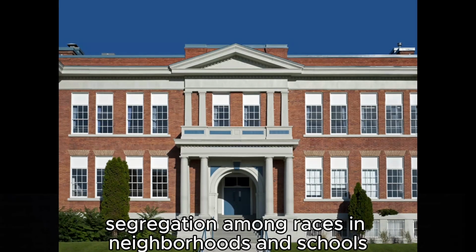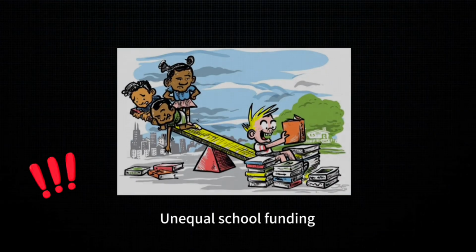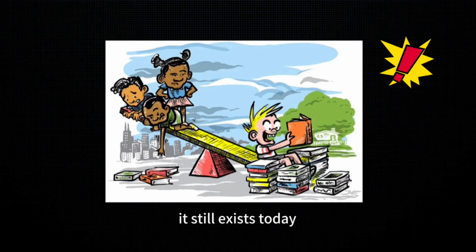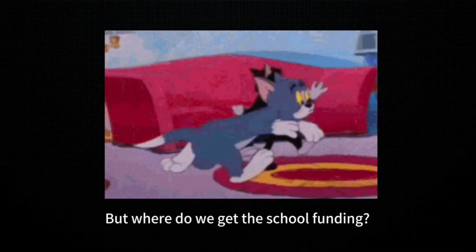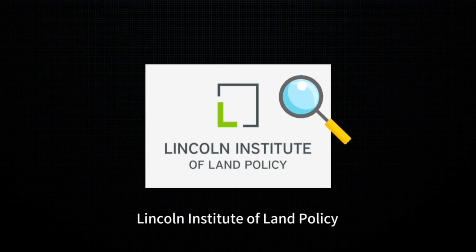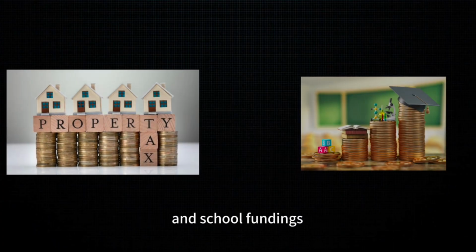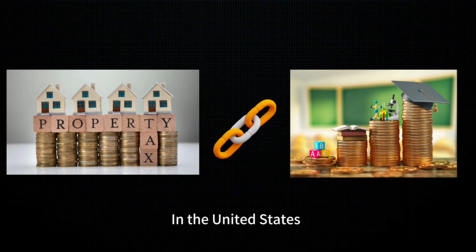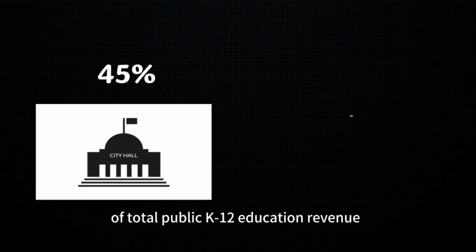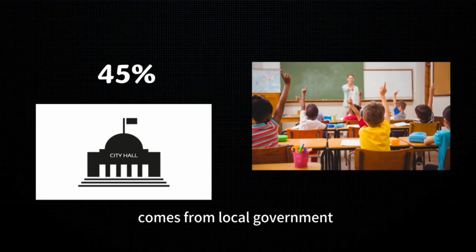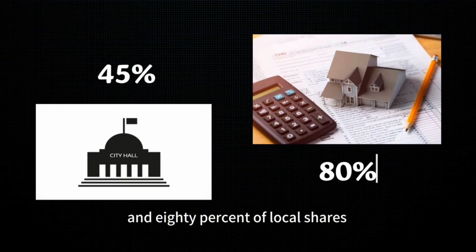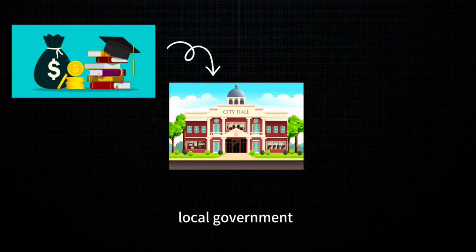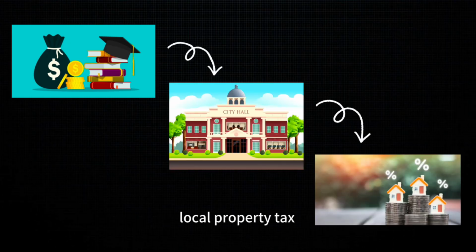Although this happened many years ago, today we are still experiencing segregation among races in neighborhoods and schools. Unequal school funding has always been a problem and it still exists today. But where do we get the school funding? According to the Lincoln Institute of Land Policy, property taxation and school funding are closely linked in the United States. 45% of total public K-12 education revenues come from local government, and 80% of local shares come from property tax, meaning that public school funding highly depends on local government, and it comes from local property tax.